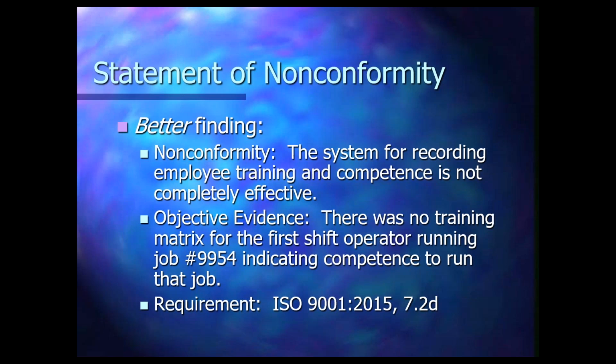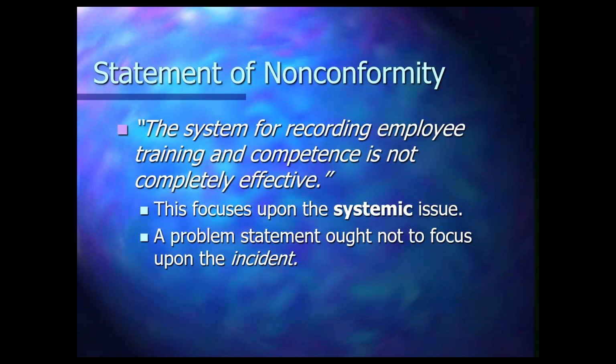So in doing this, we've identified there is a system issue at play here. And we kind of separate that out from the symptom. So by calling this out, the system for recording employee training and competence is not effective, focuses attention on the systemic issue. That's the intent of the problem statement. We want to have you focus in on that systemic issue and not necessarily the individual incident.